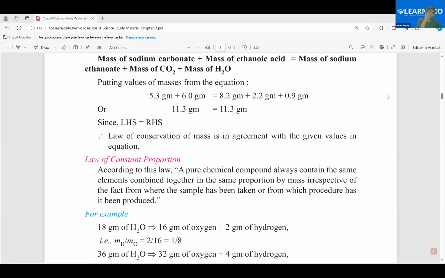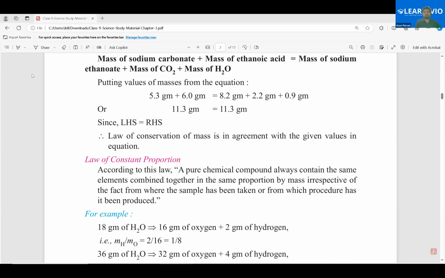Okay, then speak. Bharti, what is the law of definite proportion? It states that elements in a chemical compound are combined in a fixed ratio by mass. Okay.